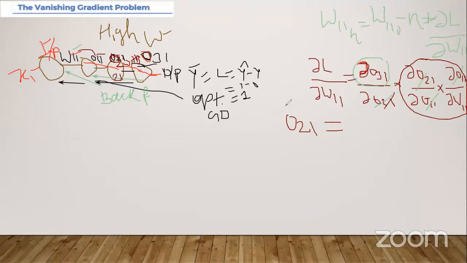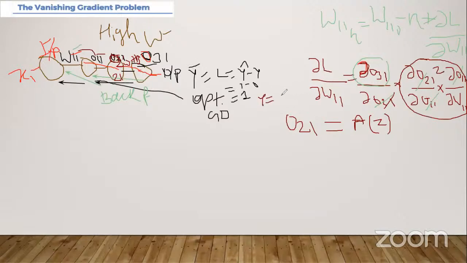Weights and biases, correct? So O21 is a function of the weights and biases passed to the activation. In this entire term, if I say Z, I can say the entire term is passed like this one.